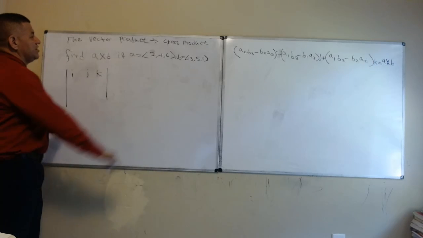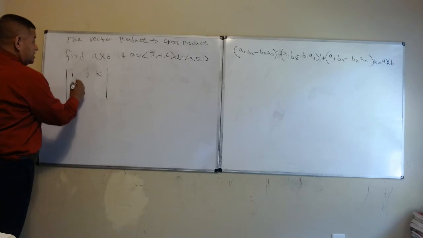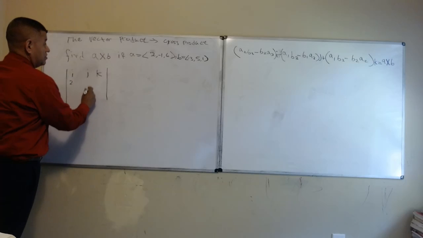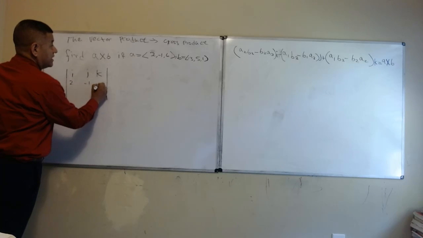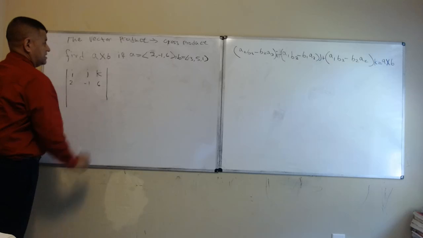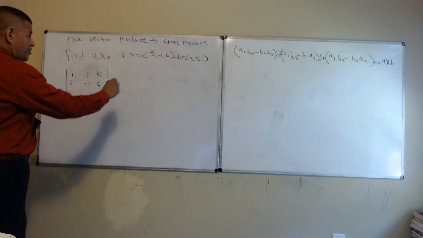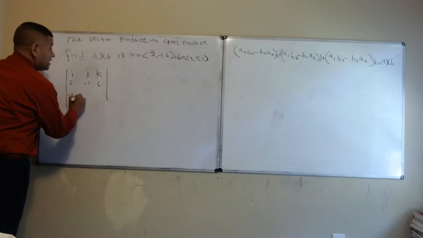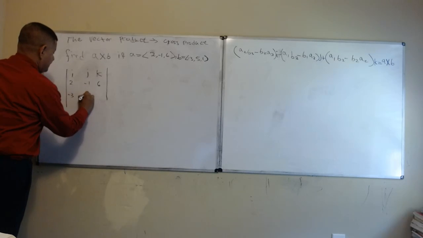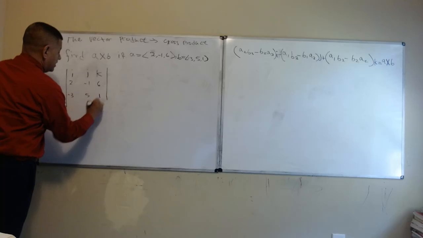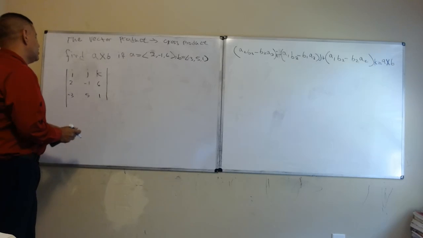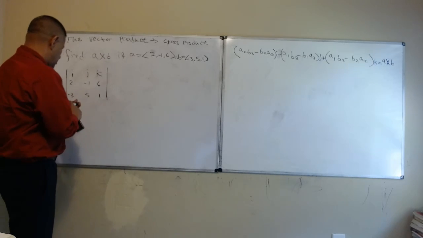So the values are here. So we put 2, negative 1, 6, then we do negative 3, 5, and 1, right? Okay, so now we do the math.